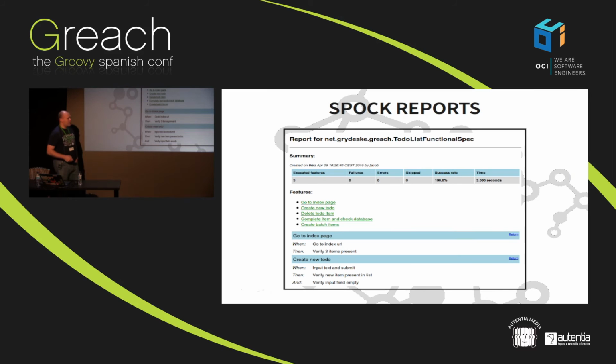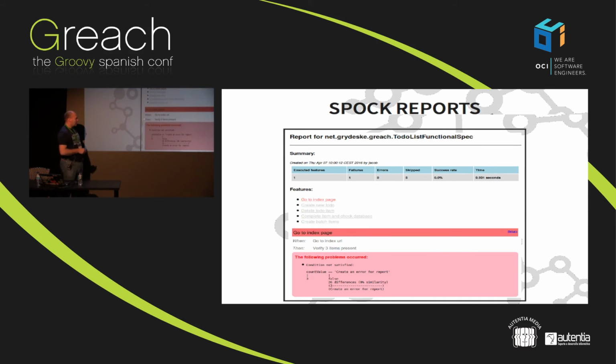That means you have some test reports that by default look something like this. Go to index page, when, go to the index URL, then verify 3 items present. I have a lot of management that really likes test reports where they can see what is actually being done. And this turns out very nicely. If there's an error, you get all of the error conditions included, so there's nothing lost from switching from the original report.